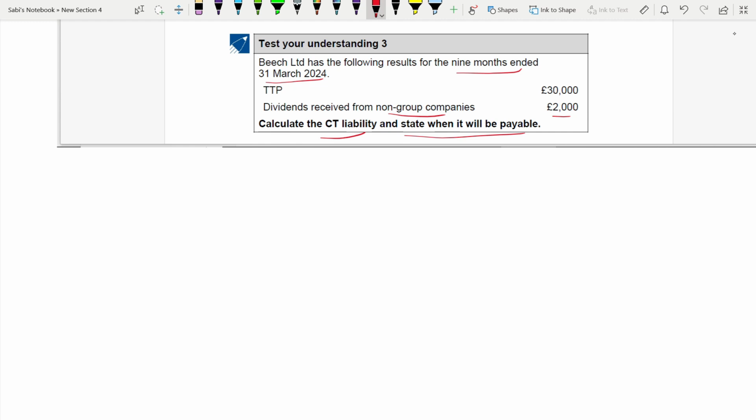Okay. So you add the 30,000 and 2,000 for the augmented profit. This is your augmented profit, 32. Whether it falls between the upper and lower limit, you have to take for the 9 months. You have to apportion.